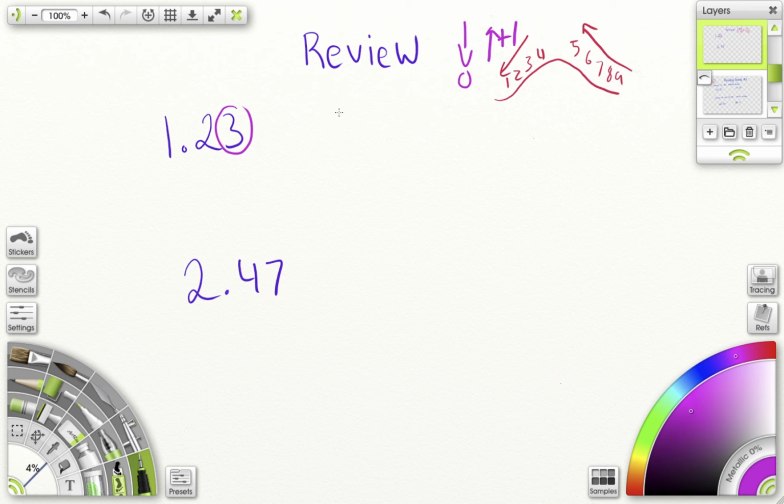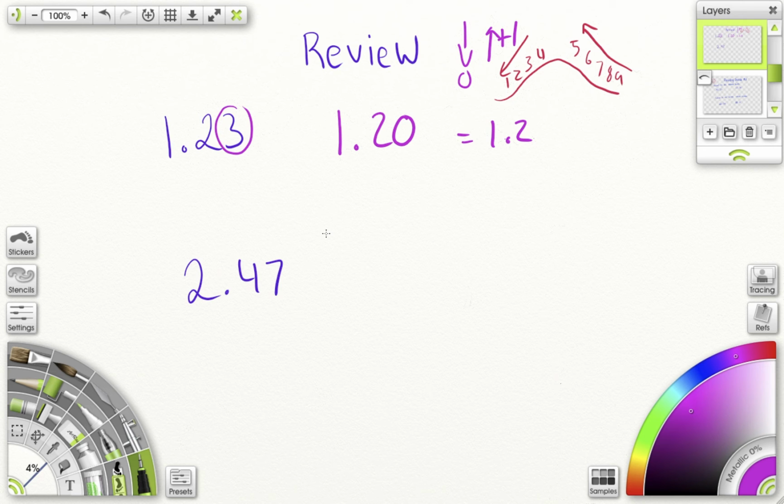So this becomes 1.20. There's no point in doing 1.20, so it becomes 1.2 because 1.2 and 1.20 are the same thing. However, there's no point in having that 0 there. It's just a waste of space. All right, so 1.2.